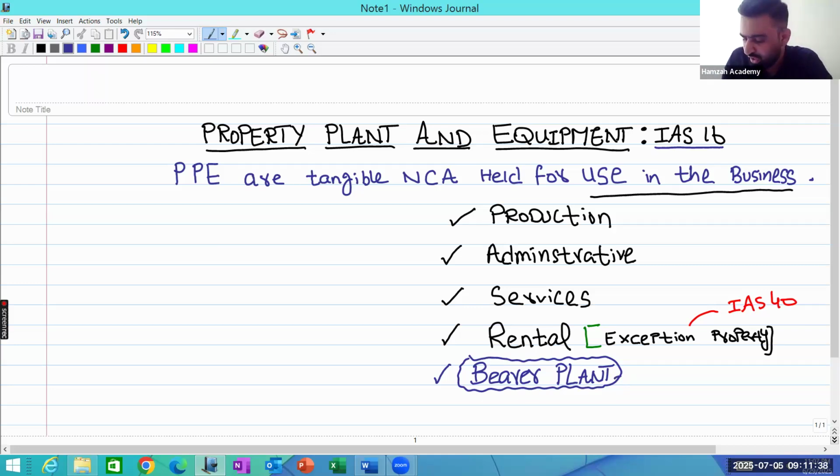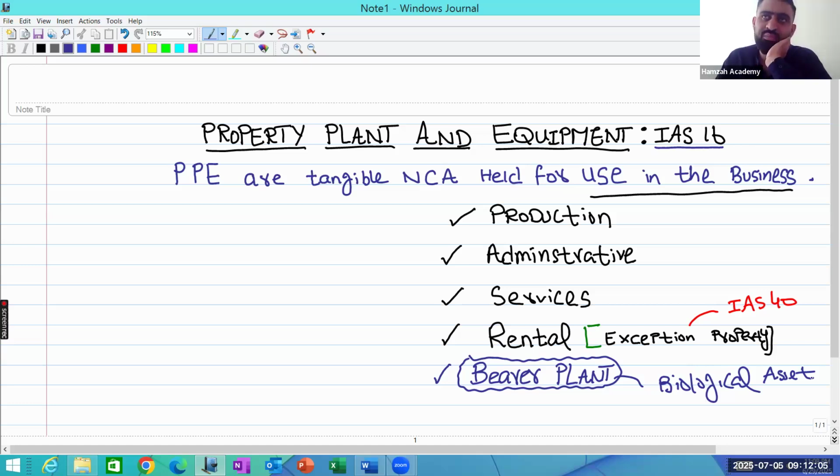Now the bearer plant is basically a biological asset. Bearer plant is a biological asset, but it is accounted for under IAS 16.